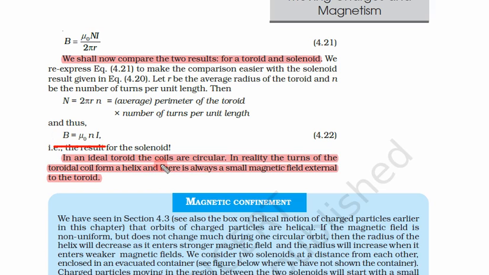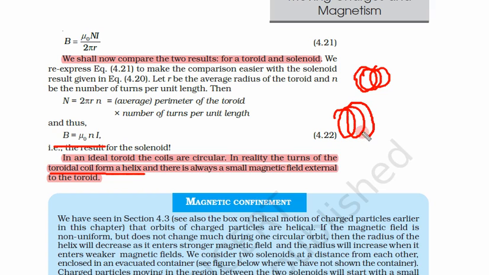In an ideal toroid, the coils are circular. In reality, the turns of a toroidal coil form a helix. So what they are trying to say is, ideally this coil should be a circle, but you know that coiling cannot be a circle.